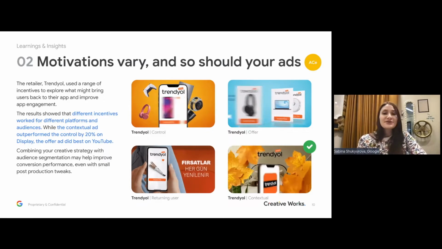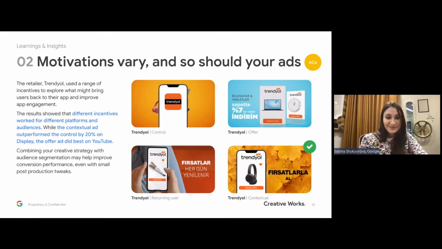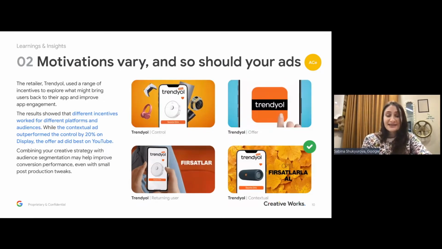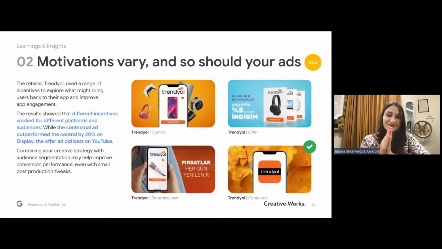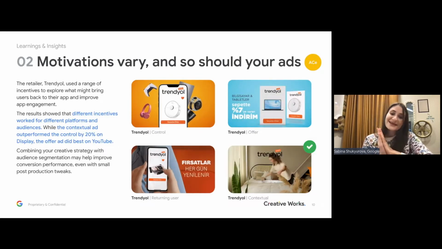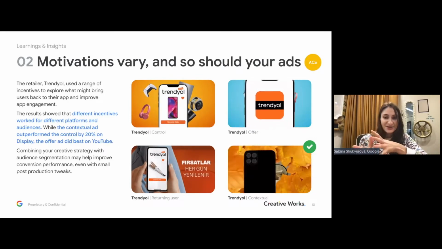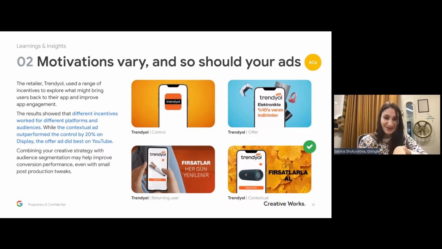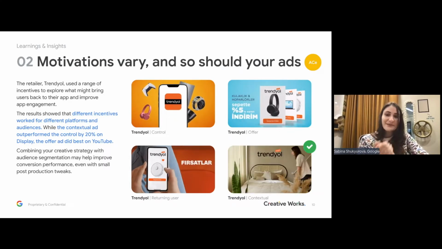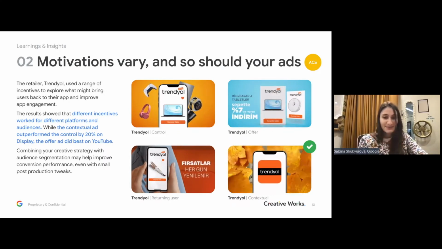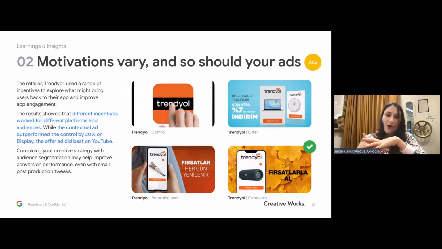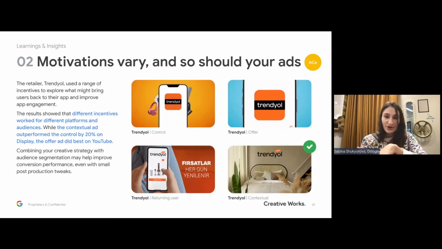And the results turned out to be quite interesting because it turned out that different assets worked differently for different platforms and audiences. So, for example, this contextual ad with autumn leaves turned out to be best performing on display, and the offer ad performed best on YouTube.